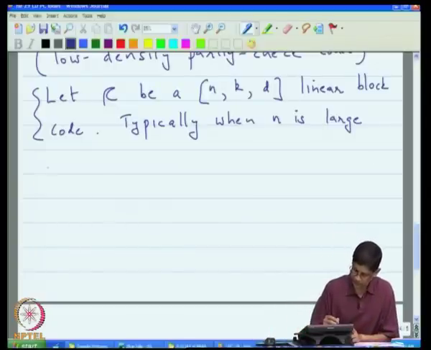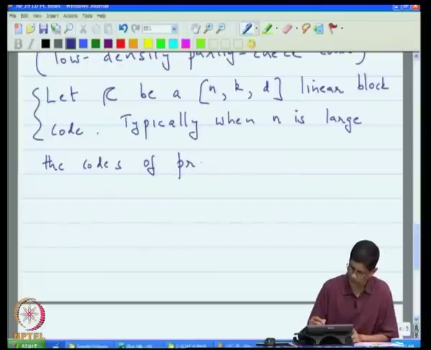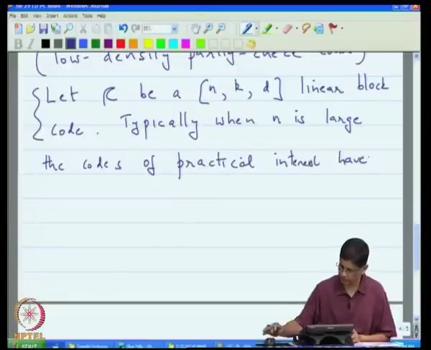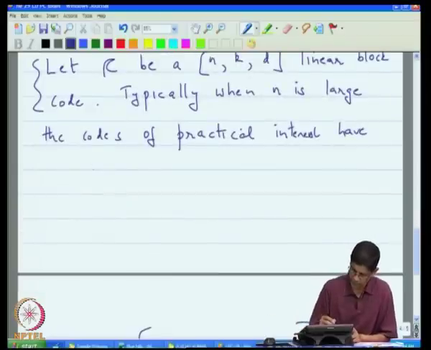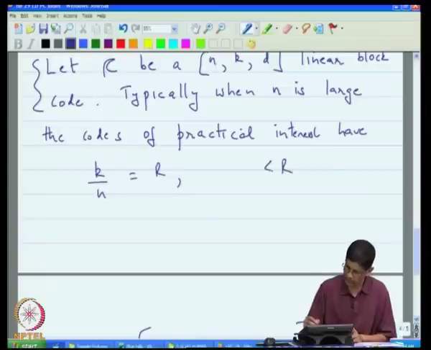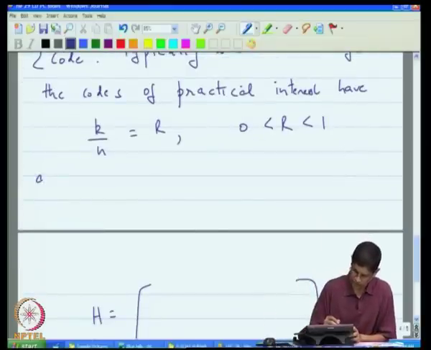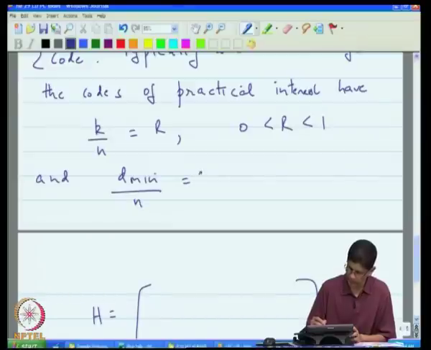So when n is large, the codes of practical interest have k by n equal to r, where r is some number lying between 0 and 1, and d min by n equal to delta for some delta lying between 0 and 1.